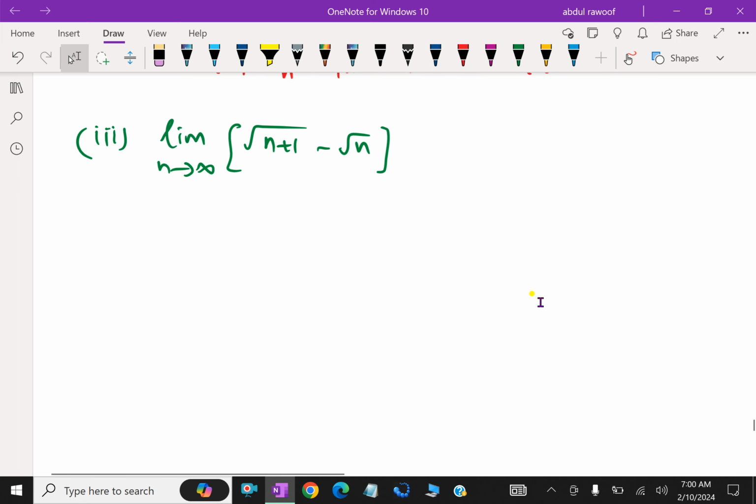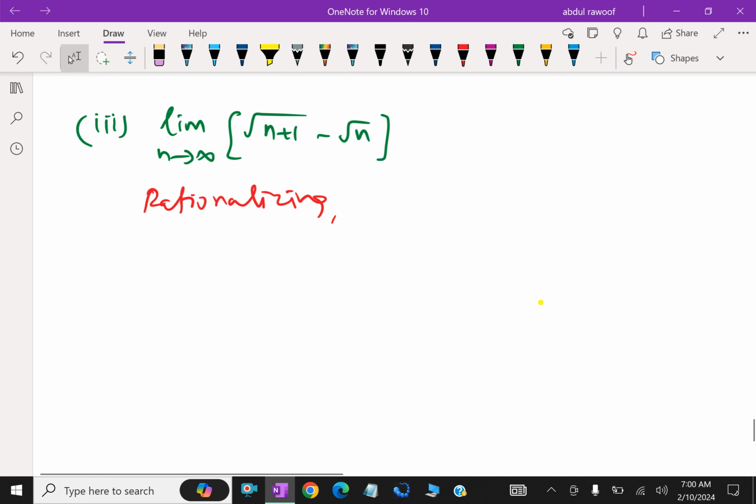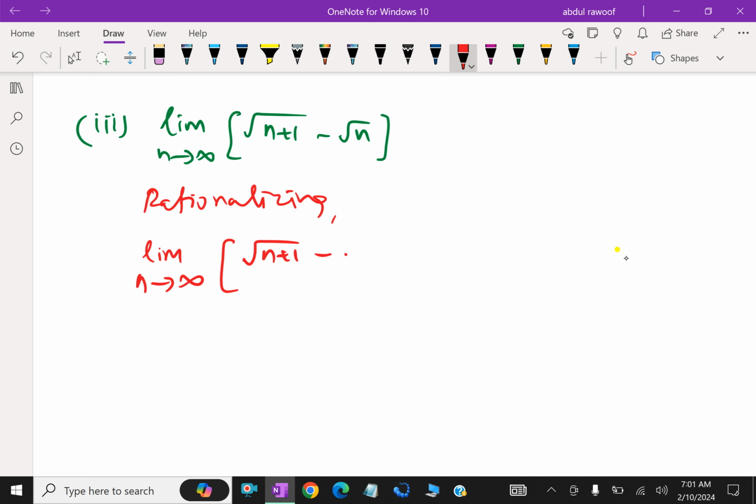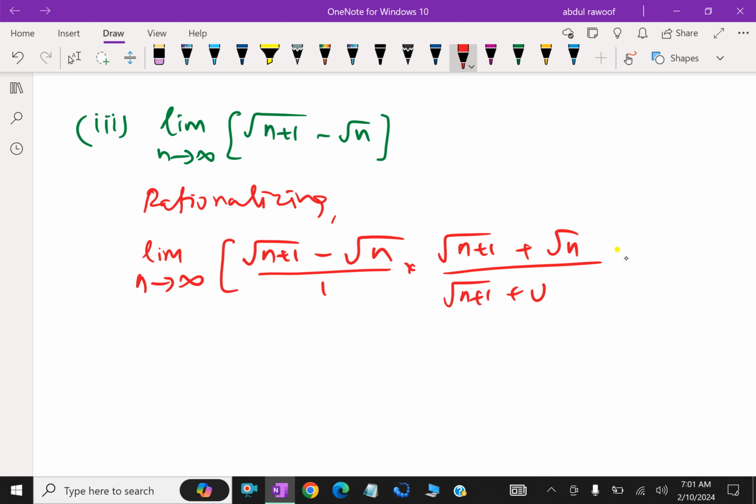So you have to rationalize, which means multiply and divide by this factor with a plus in the middle, that is, square root of n plus 1 plus square root of n, over 1 into square root of n plus 1 plus square root of n.